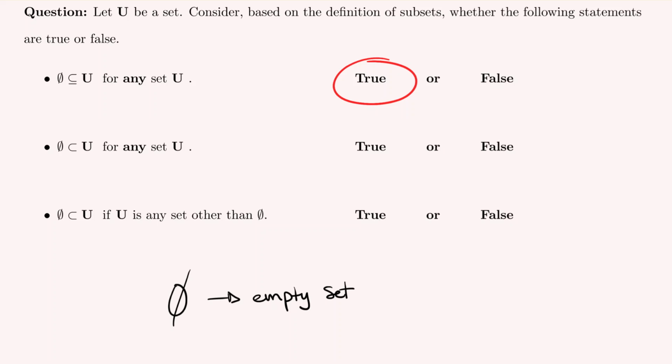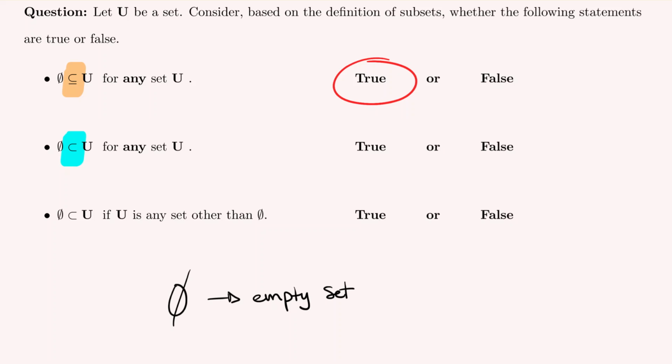Now, if you would, read this out loud to yourself. What's the difference in notation between our first and our second statement? The difference is that the first statement uses regular subset, and the second statement uses the more restrictive proper subset.